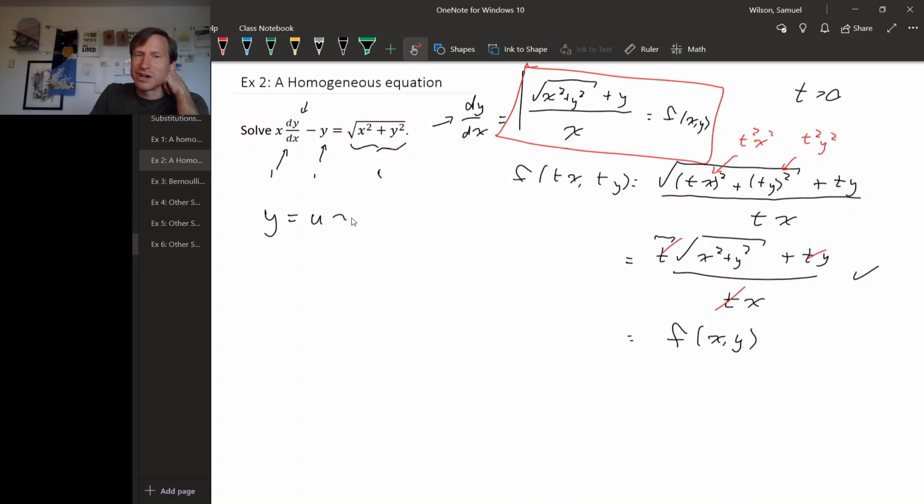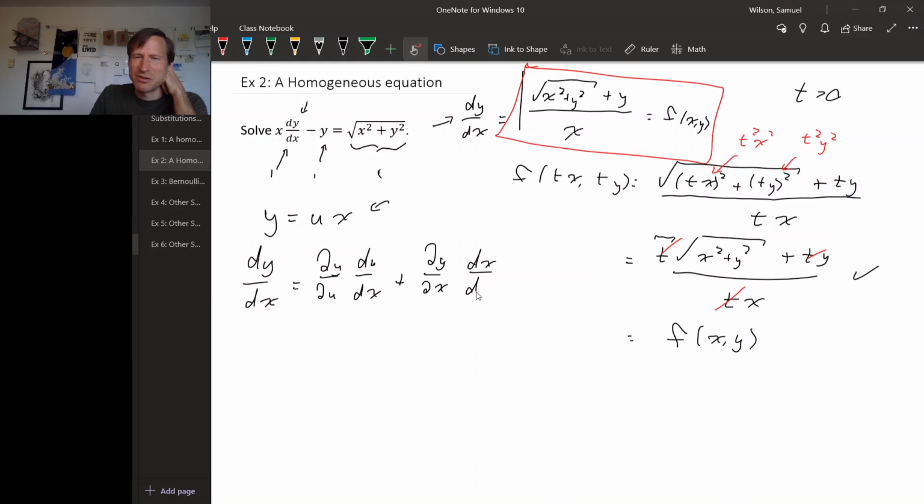Y equals u times x. Again, we need to calculate dy/dx using the chain rule in this multivariable formula. So it's partial y partial u times du/dx plus partial y partial x times dx/dx.